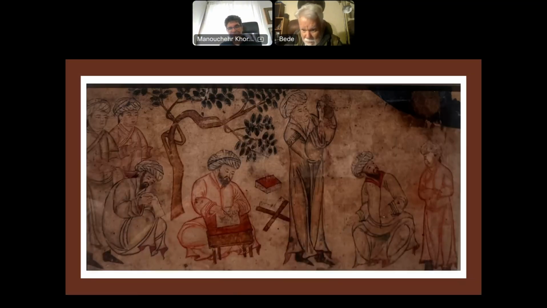Here we have some scribes. This is from the Rashid ad-Din Jamia Tabarik collection of histories. The people in the robes that open down the front center are meant to be Arabs or Persians.